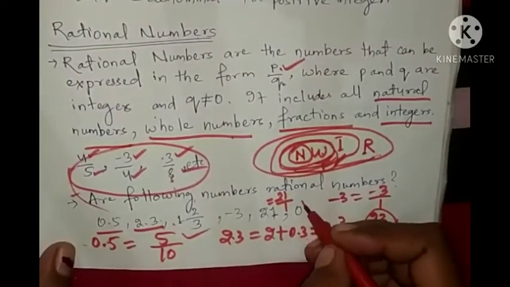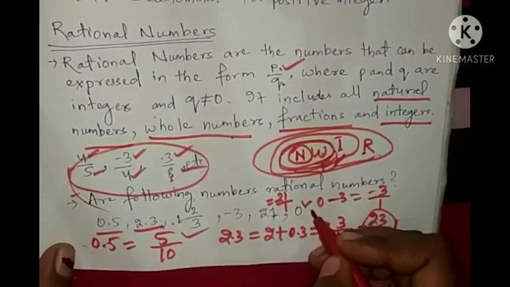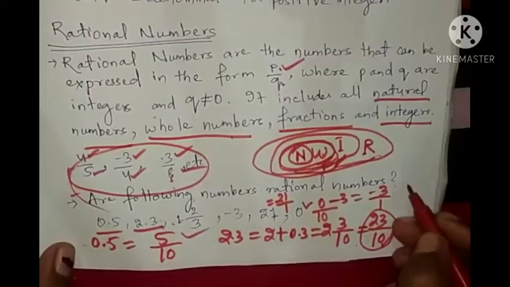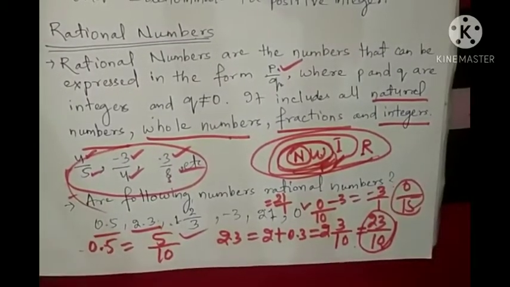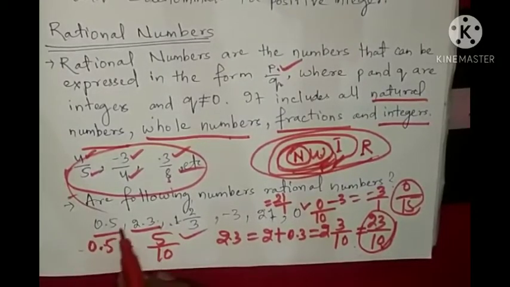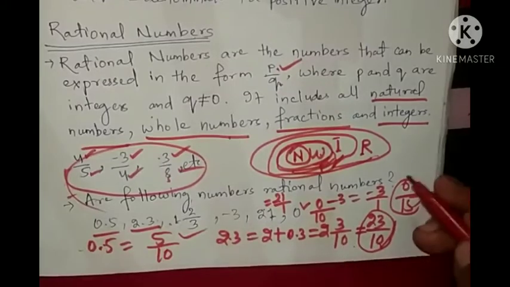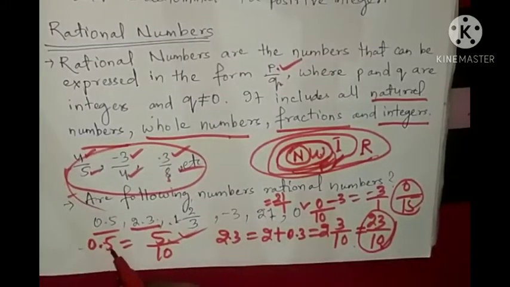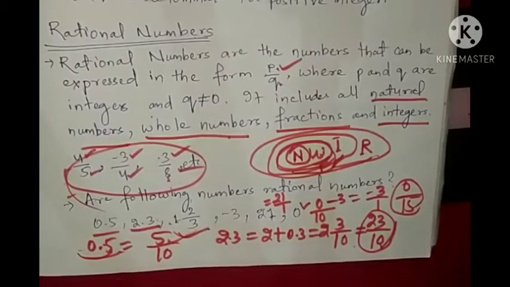0 is also a rational number, because we can write it as 0 by 10 or 0 by 15. All these are rational numbers. Some are in decimal form, but we can convert them into rational numbers. So, are the following rational numbers?